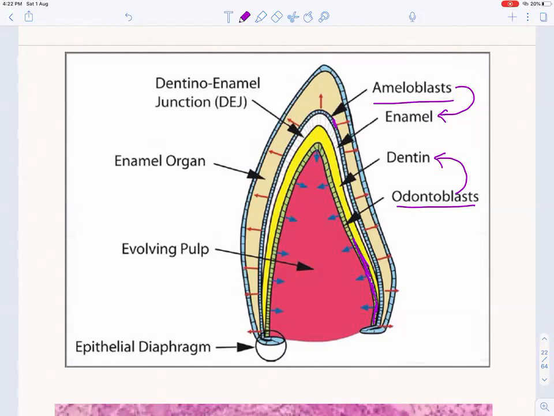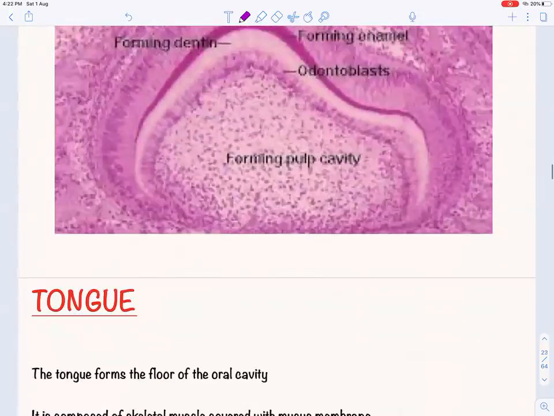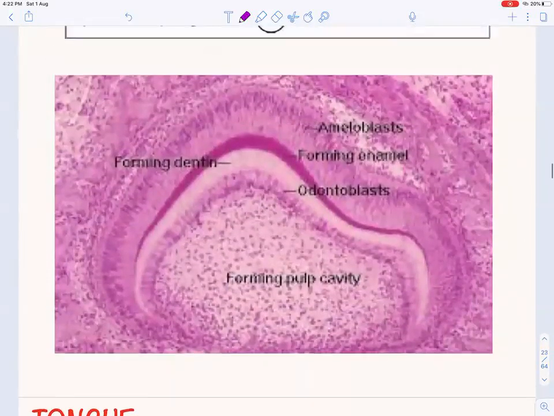So odontoblasts give rise to dentine and ameloblasts to enamel. This is one more very interesting diagram: odontoblasts forming dentine and ameloblasts forming enamel.